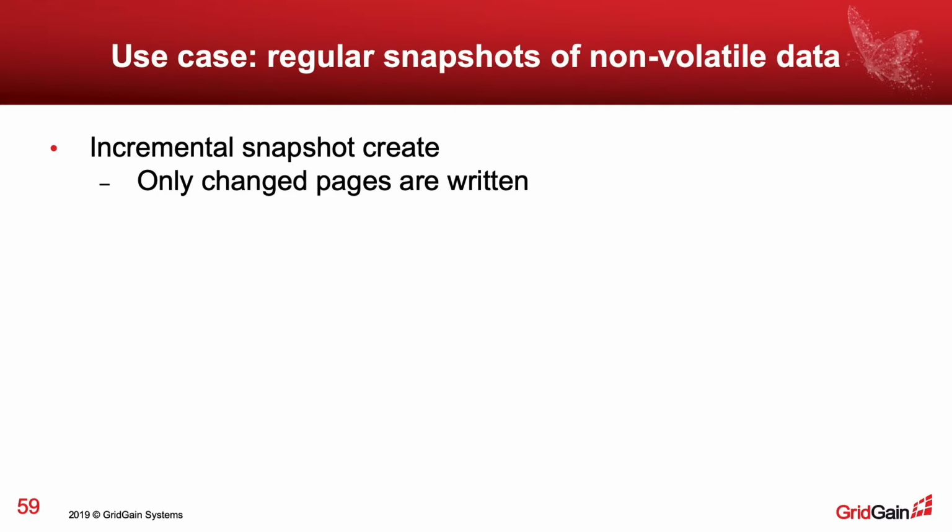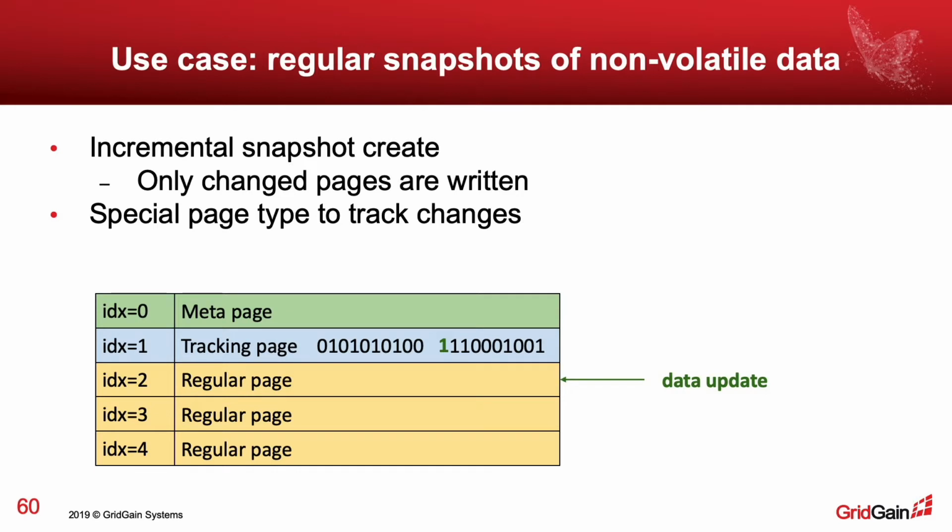We allocate a tracking page for a range of nearly 16,000 regular pages. On that tracking page, we pre-calculate the information of whether or not a page has been changed since the last snapshot. So it's obviously 0 for a non-changed page and 1 for a changed page.